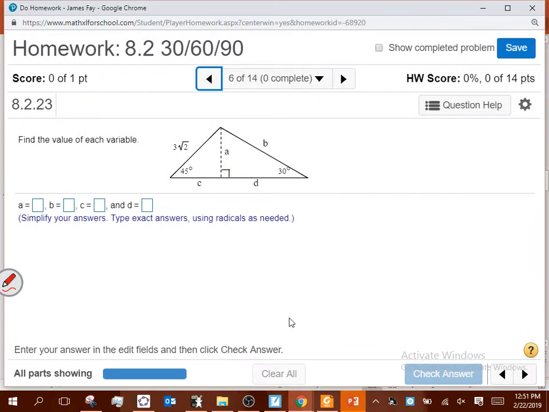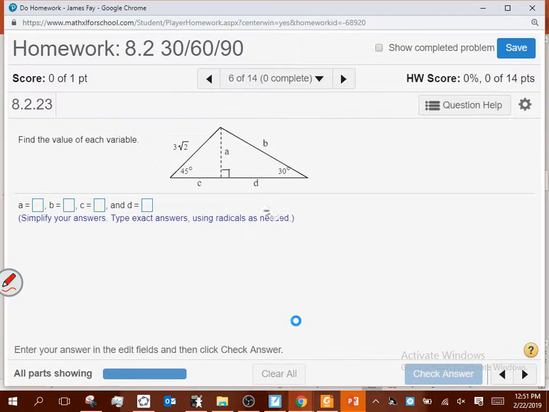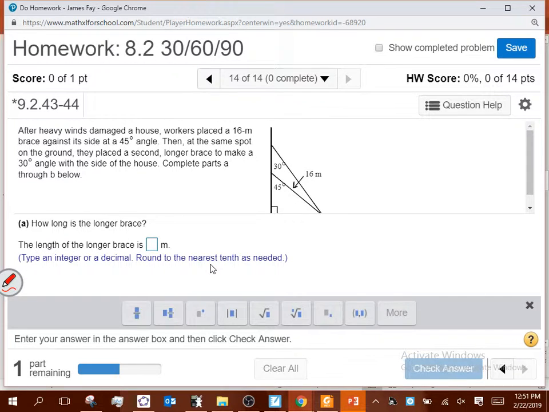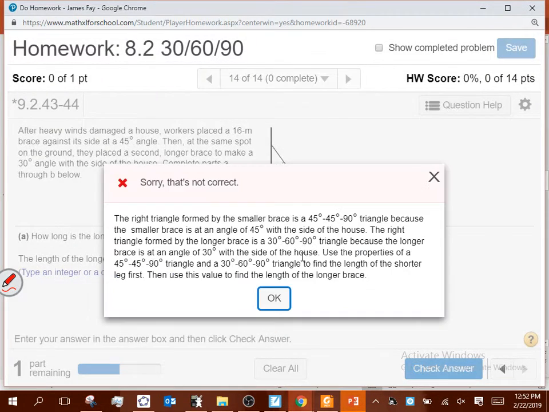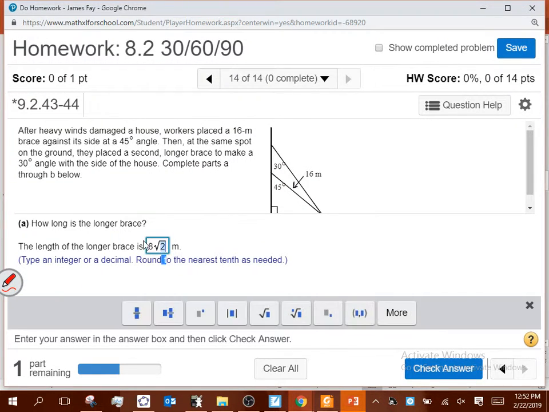I don't think I have that question up anymore. All right, so give me 16. So mine's going to be 8 root 2. Oh, sorry, that's 16.